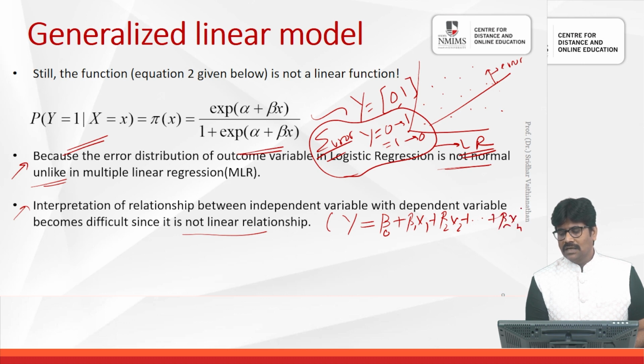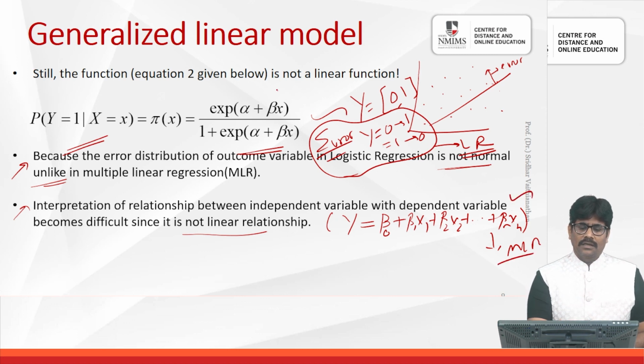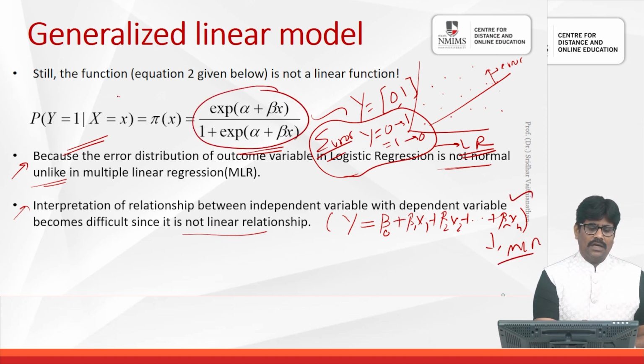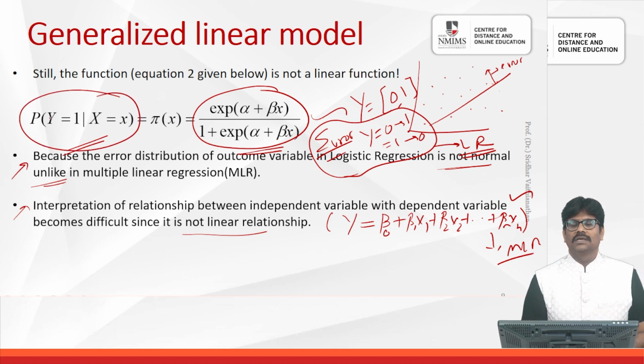Per unit change in x will produce the respective change in y. Whereas here this side is exponential and this side is probability, which is a categorical variable. So where is the relationship between change in x and change in y? It's not linear, also because of the error distribution.